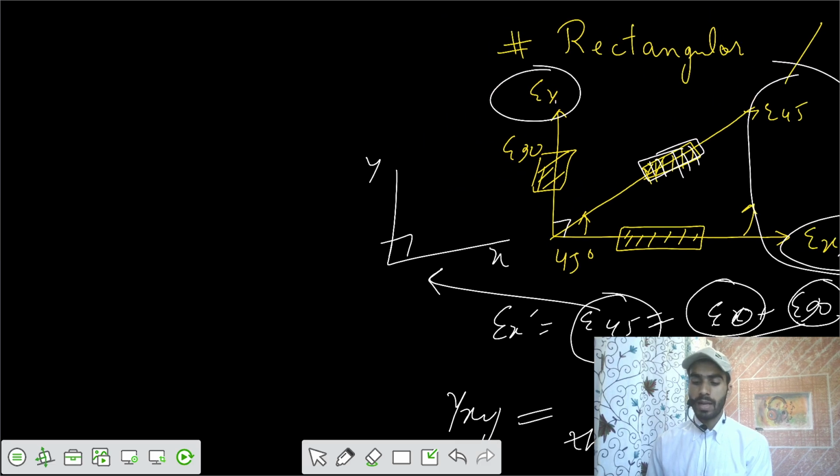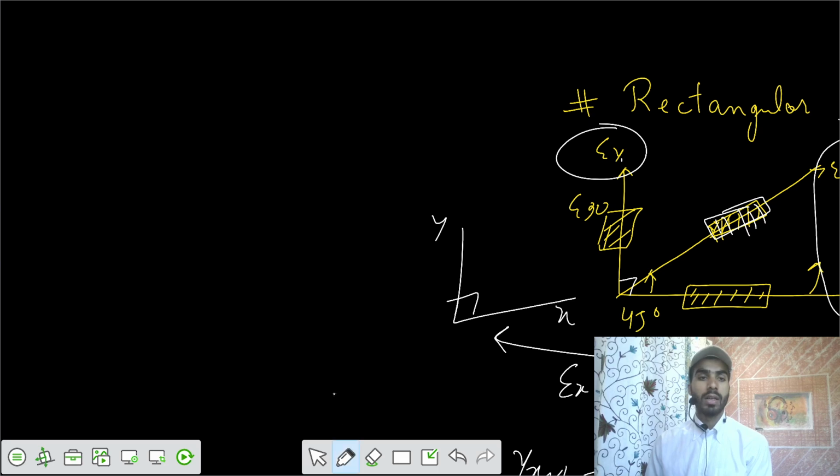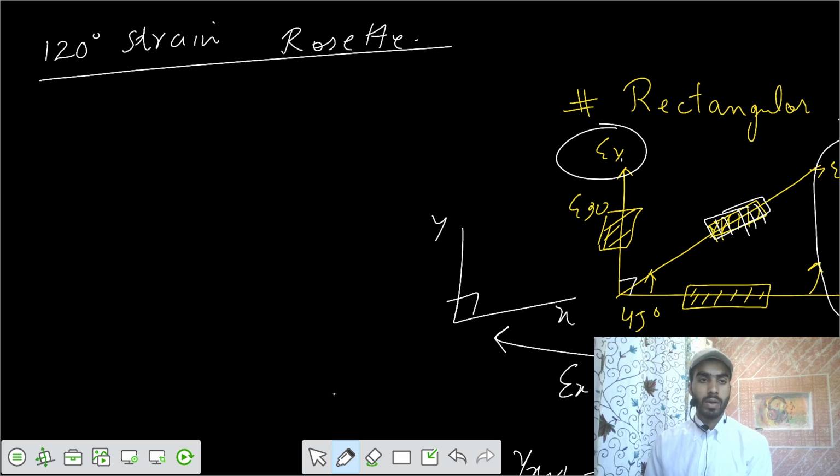The next type of strain gauge arrangement is the strain rosette. We call it the 120 degree strain rosette. So you have one strain gauge along the x direction, we call it E0. And one strain gauge is at an angle of 90 degrees, E90.